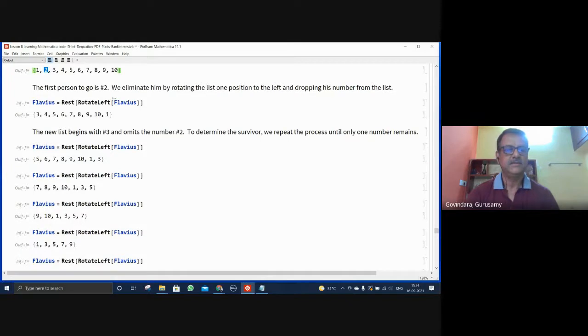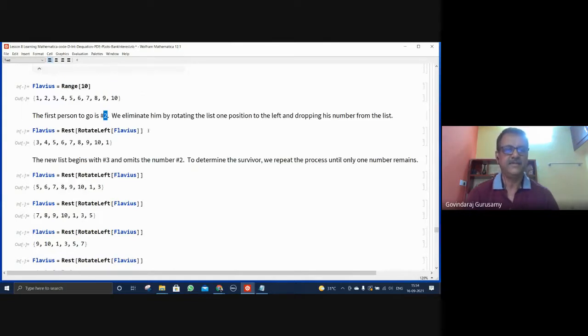So now, let's see, this fellow will be going out. We eliminate him by rotating the list one position to the left and dropping his number from the list. I mean that fellow will be out. He's no more. He's been killed. Start with, every other person should be killed. Okay, how do we do that? Rotate to the left.